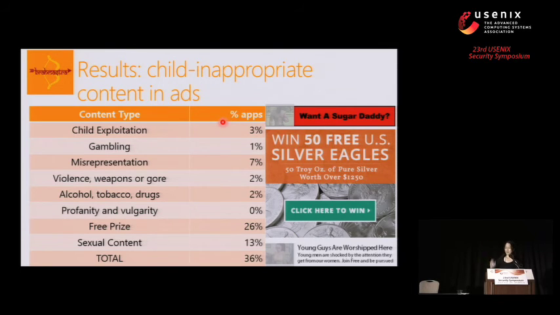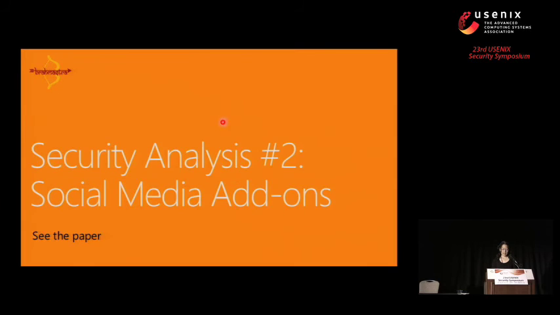There are some examples here. With a similar technique, using Brahmastra again, we looked at 200 apps and checked them against this Facebook access token vulnerability, and the detail is in the paper.